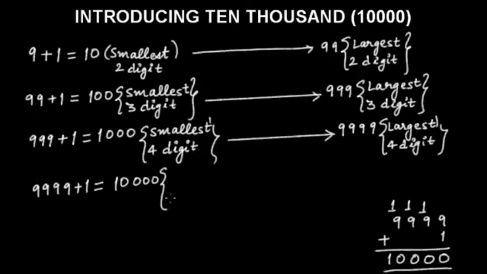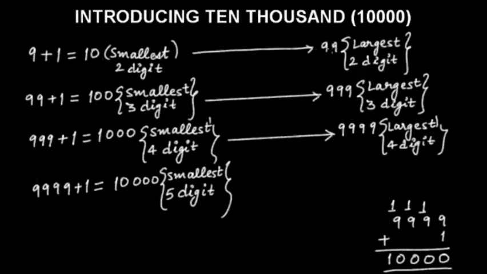And this is the smallest 5-digit number. I'll leave the rest of it, what's the largest 5-digit number and all. My only purpose was to explain to you what is 10,000. When you add 1 to 9, we get 10.